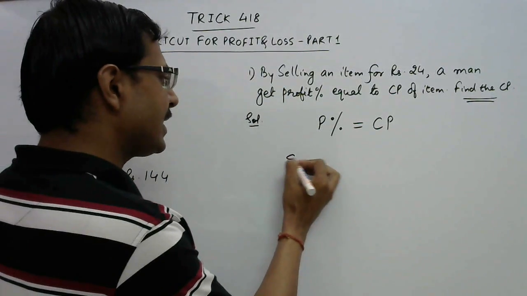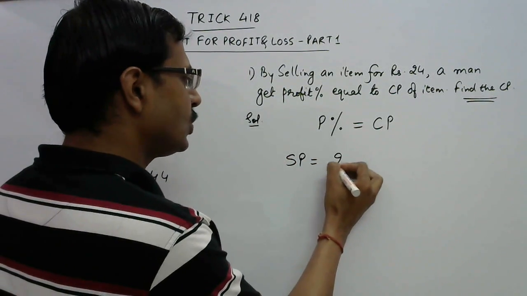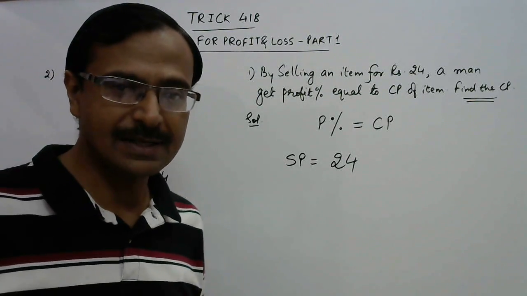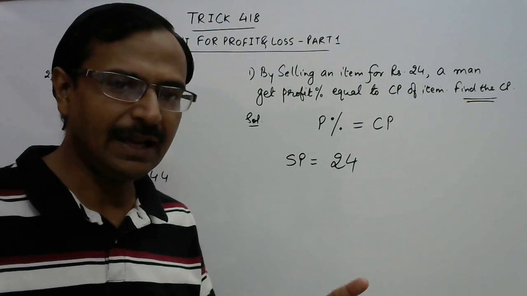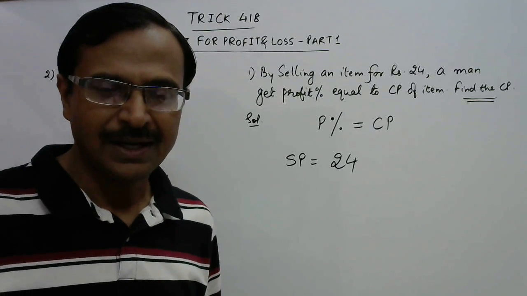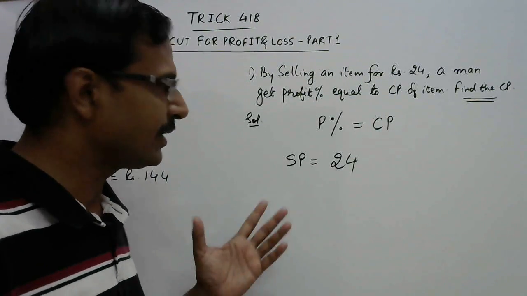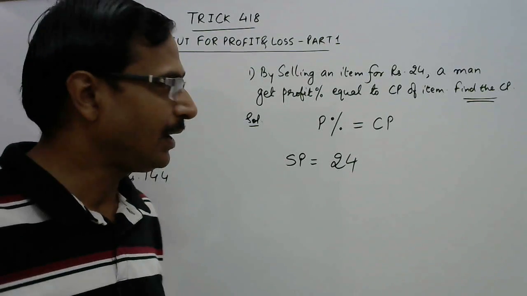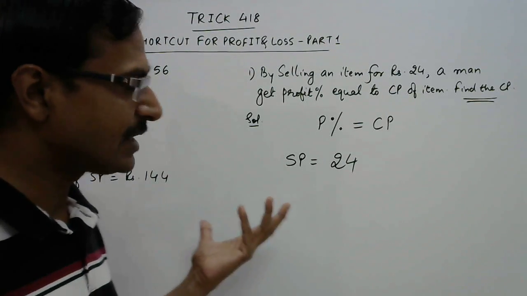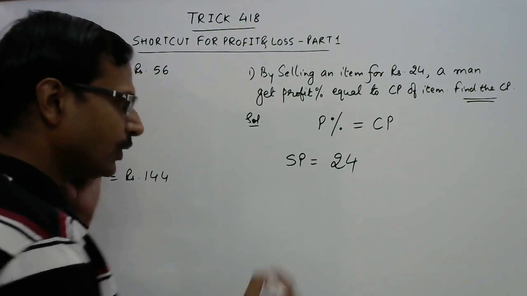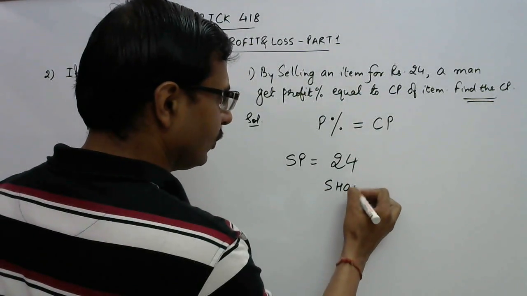Now see, the selling price given here is rupees 24. So we just need to look at this number 24 and we will have our answer. In the traditional method, you will be using the formula for selling price and then obviously there will be long calculation. But what you need to do here, we are going to use this shortcut now.